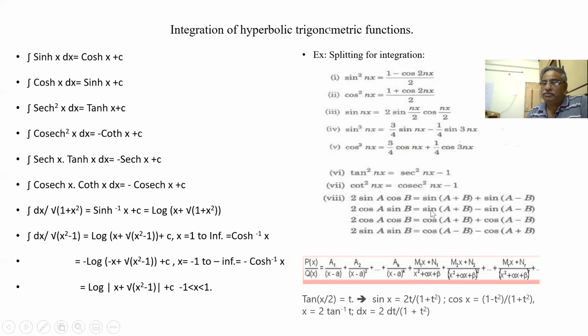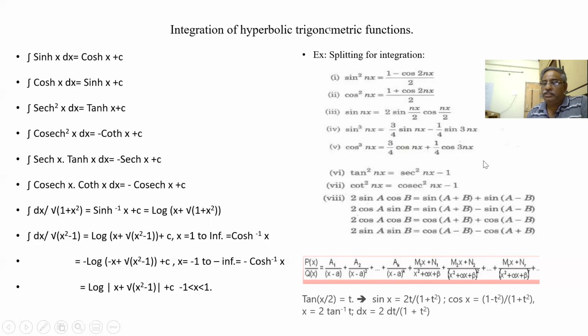Cos a sin b is the second term, sin of a plus b minus sin of a minus b. Cos a cos b is the third term, cos of a plus b plus cos of a minus b. Minus 2 sin a sin b is the fourth term, cos of a plus b minus cos of a minus b. So minus is removed here, put here.